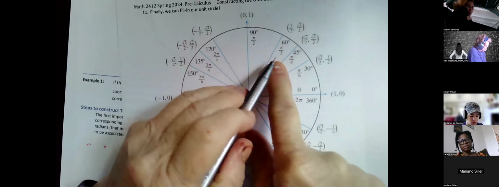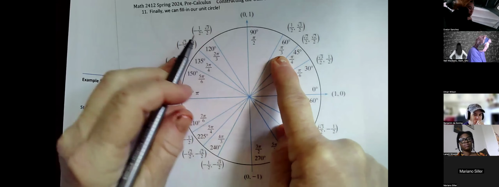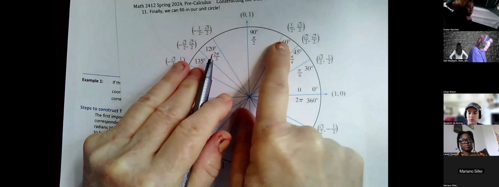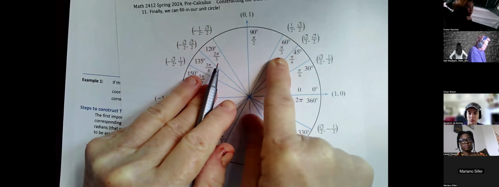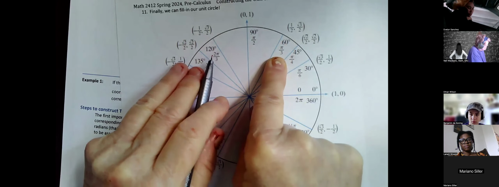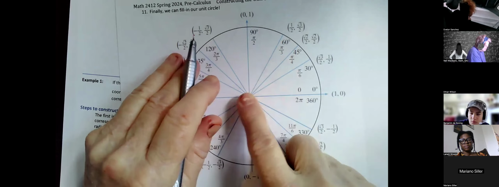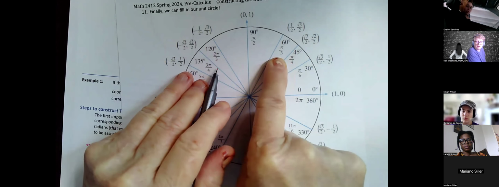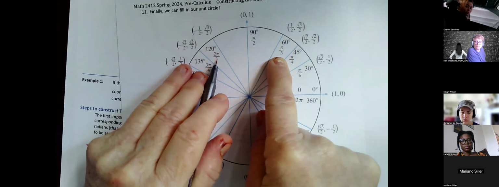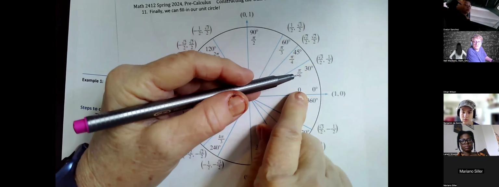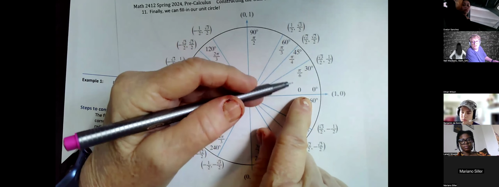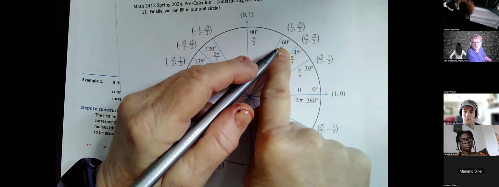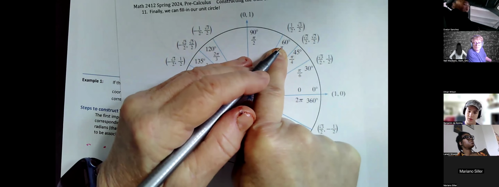In quadrant 2, the 60-degree angle is 2 pi over 3. And we get that from adding 60 or adding pi over 3. But now you can see that these 60-degree angles both have a denominator of 3. If we add 30 to itself one time, we got to 60. What do we get if we add 30 another time? 90.